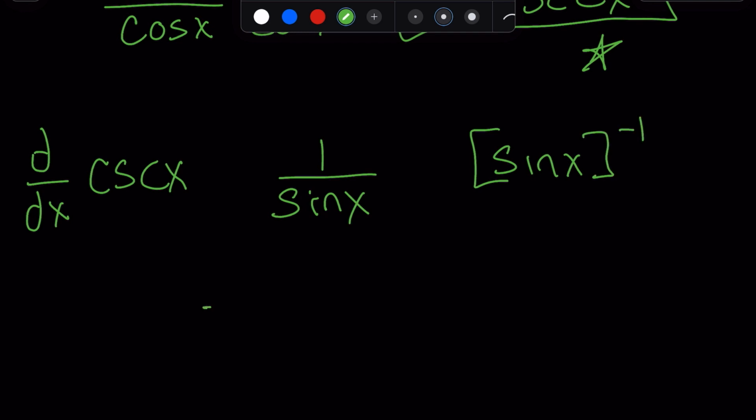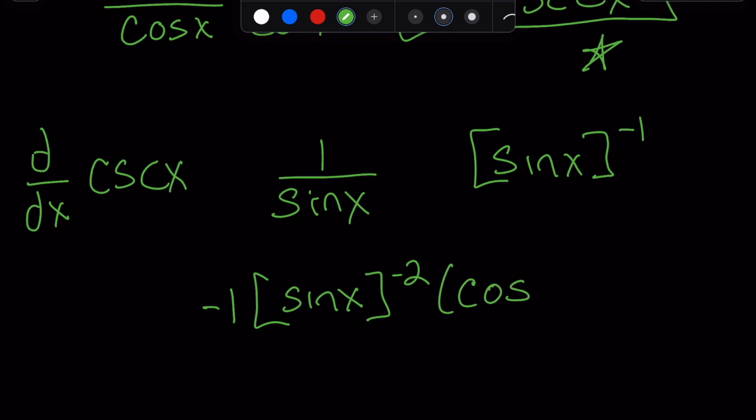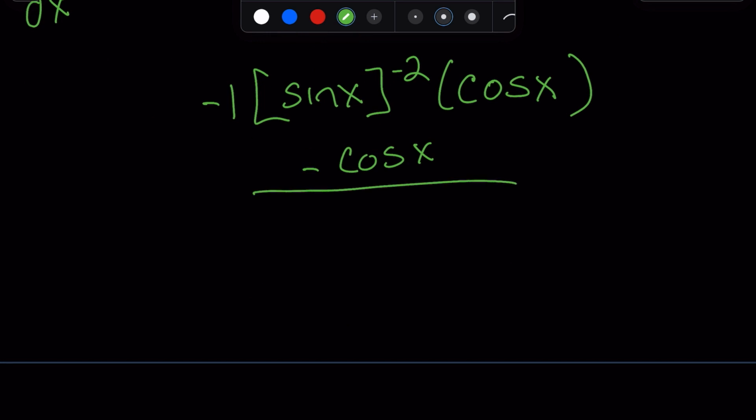So exact same steps as the last derivative, to the negative 2, and the derivative of sine is cosine. So now if we were to write this, well, negative cosine stays at the top, and sine squared is at the bottom.